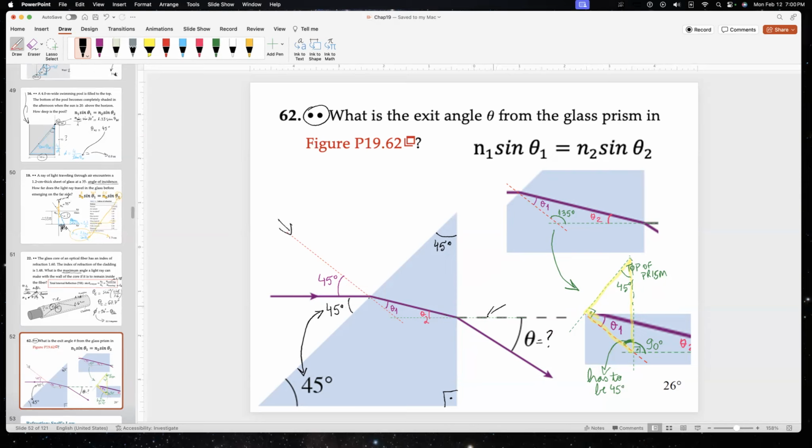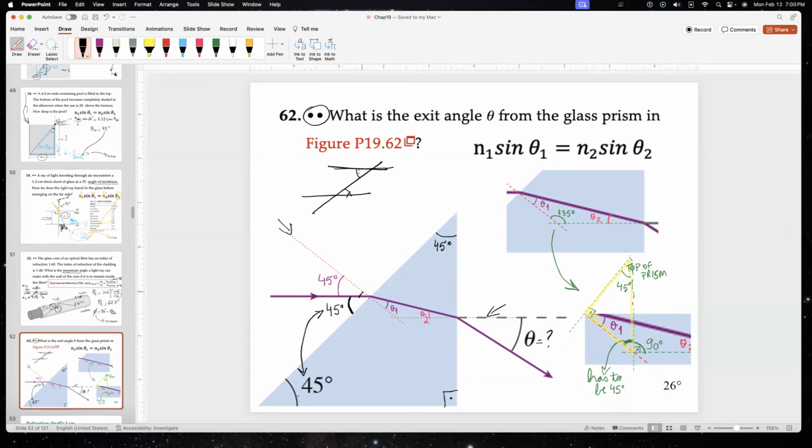From analogy with geometry, we know that if we have a straight line crossing two parallel lines, whatever angle this makes, the internal angles will be the same. So if this is 45 given the prism, this will have to be 45 as well.